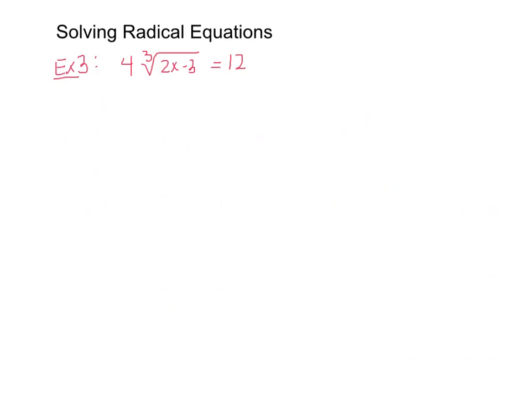Alright, next example, we want to isolate the radical. The radical is not by itself, so we need to divide both sides by 4 to get that radical completely by itself. So we're going to have the cube root of 2x minus 3, and that equals 3. Okay? This time, because we have a cube root, the inverse operation is to cube both sides.